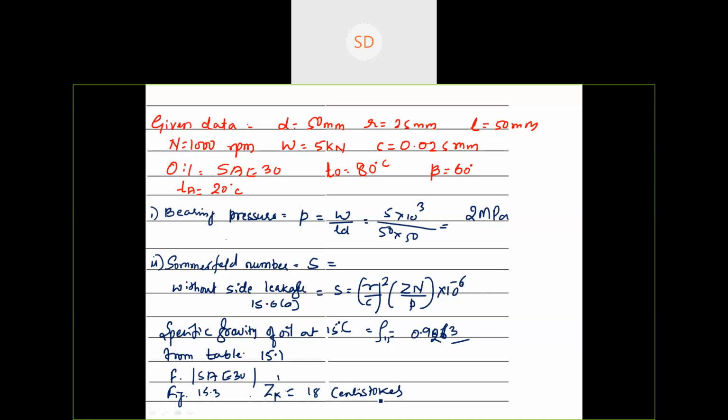So now let us calculate the kinematic viscosity Zk. It is 18 into 10 to the power of minus 6 meter square per second. Now I got Zk, kinematic viscosity, in terms of meter square per second.